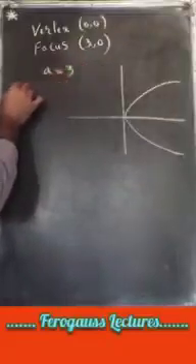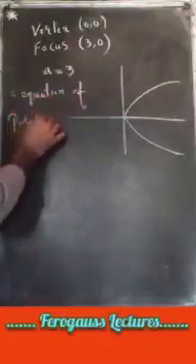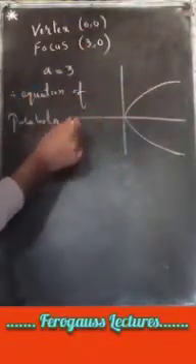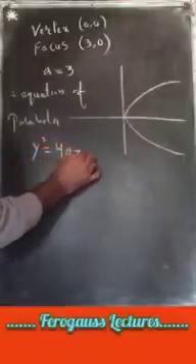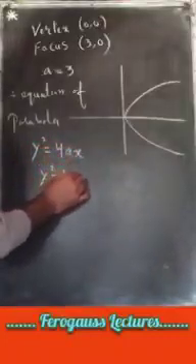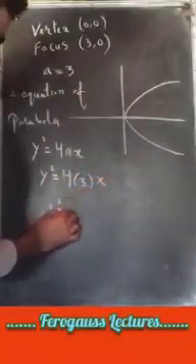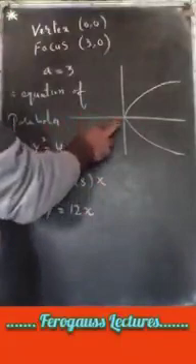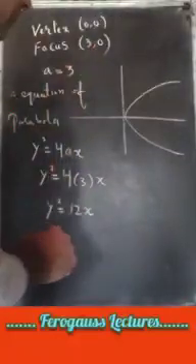The equation of a parabola with vertex at origin and focus on x-axis is y square equal to 4ax, and in this case a is equal to 3, so we can write y square is equal to 12x. So the equation of the parabola with vertex at origin and focus at (3, 0) is y square equal to 12x. That completes the question.